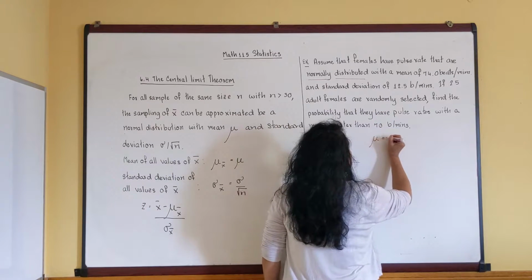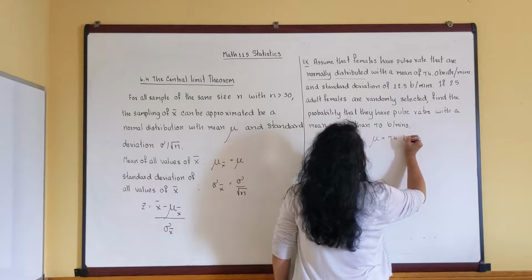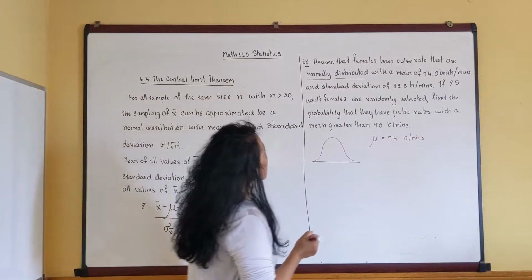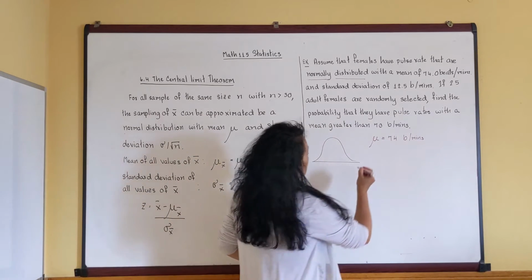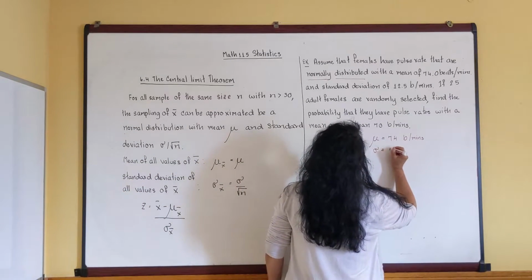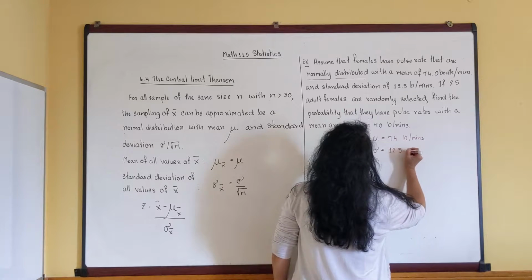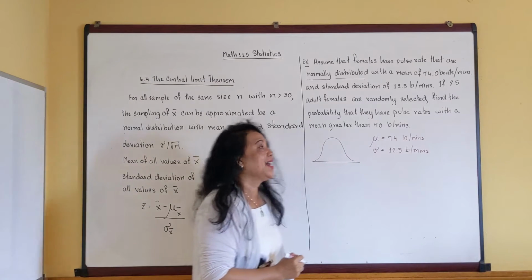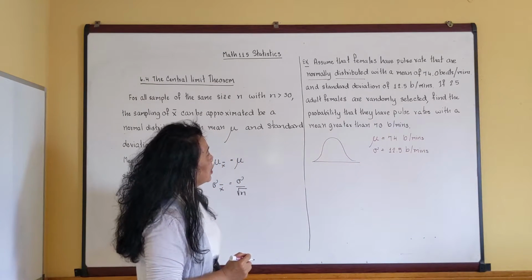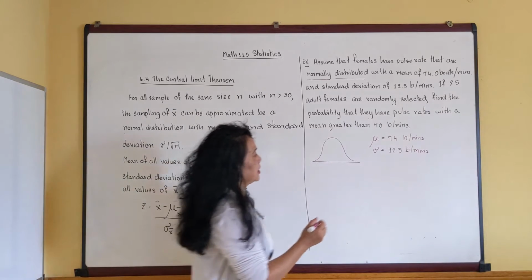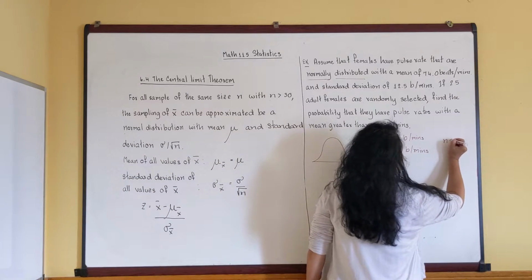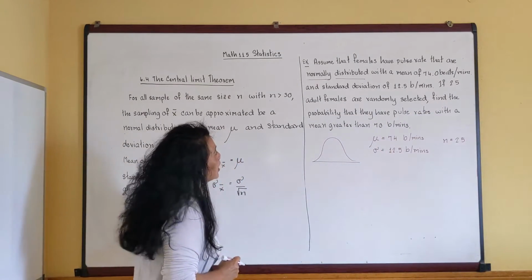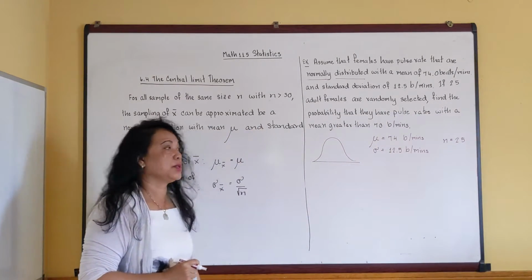The population mean is 74 beats per minute and the population standard deviation is 12.5 beats per minute. Now, if 25 adult females are randomly selected, n here is 25. It's not greater than 30, but it's okay because the population is normally distributed.